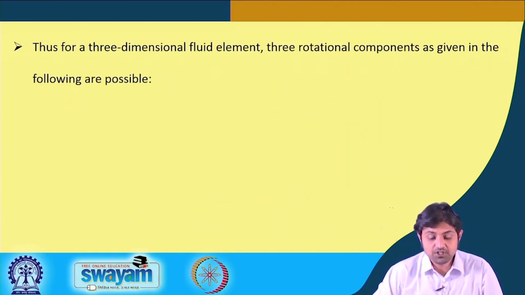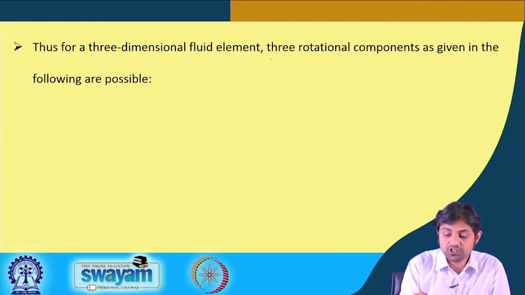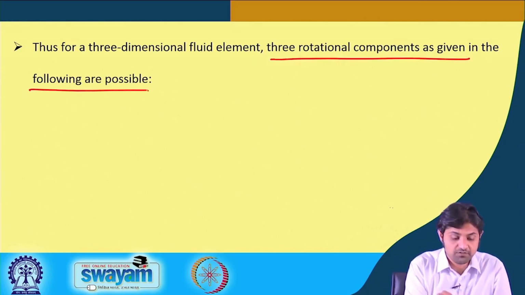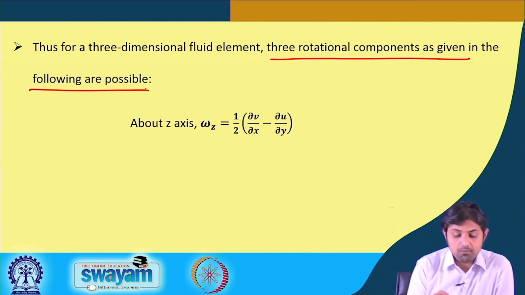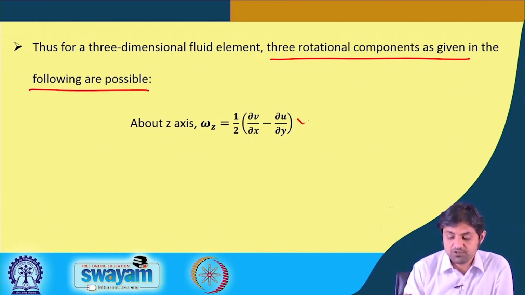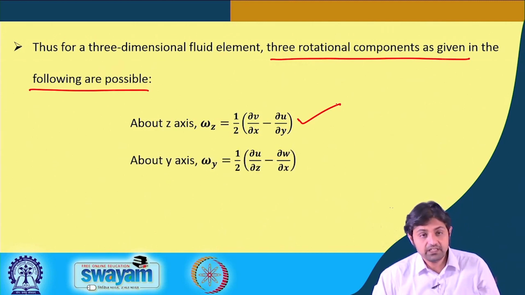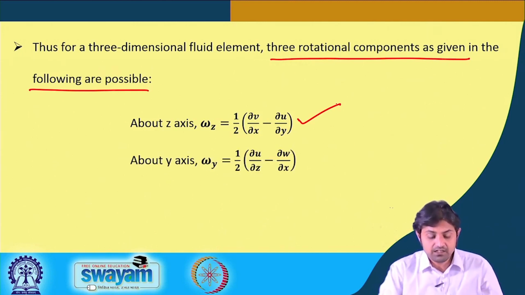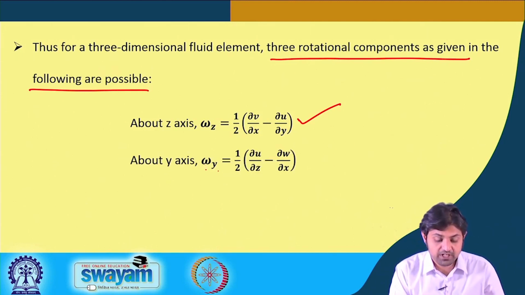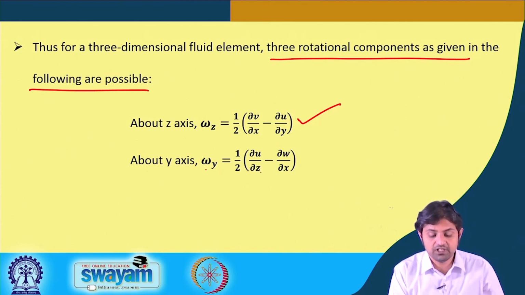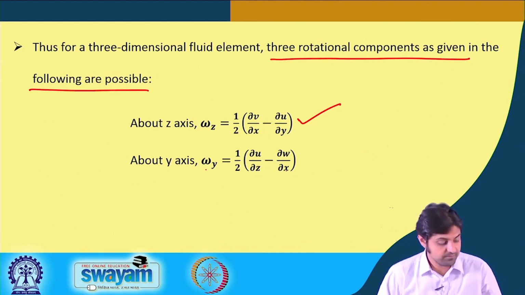Thus, for a three-dimensional fluid element, three rotational components, as given following, are possible. About the z axis, the rotation is half of del v by del x minus del u by del y. Similarly, about the y axis, the rotation omega y is half of del u by del z minus del w by del x.